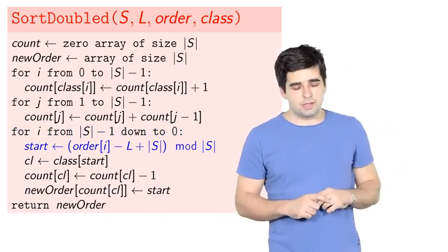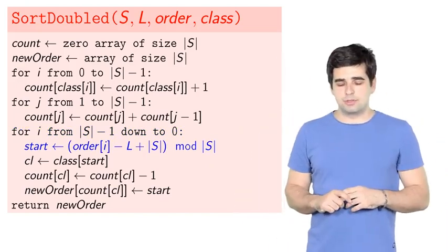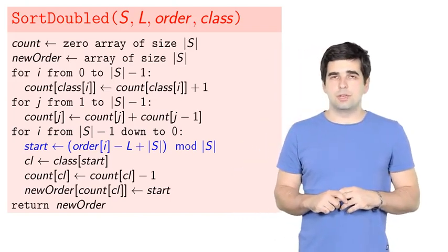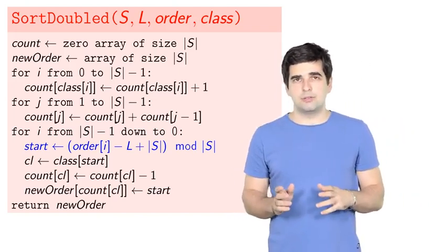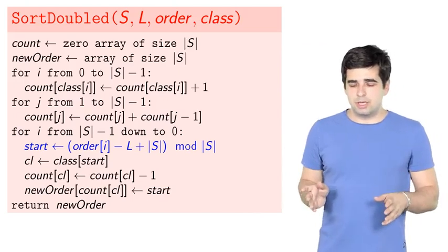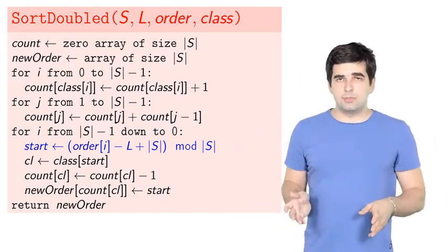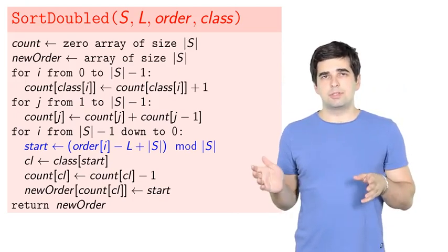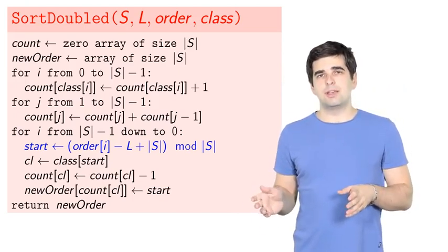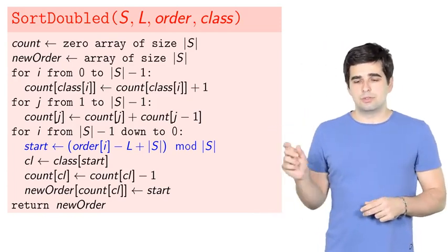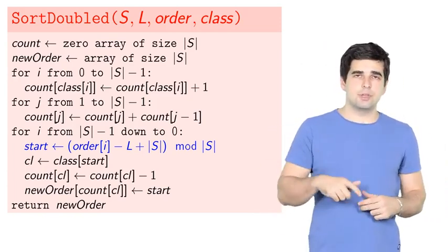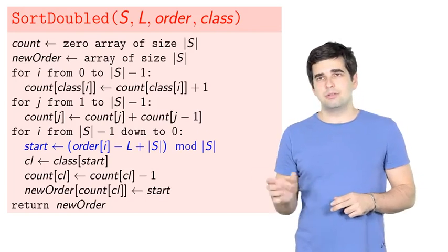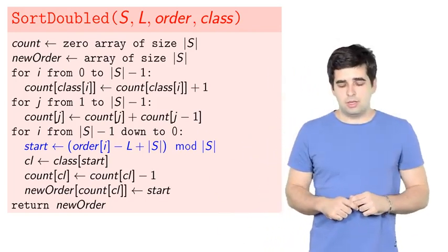So now we have to think about the following problem. We need to sort pairs of numbers, because each cyclic shift of length L corresponds to its number, its position in the order of all cyclic shifts of length L. We first need to sort by the second element of the pair, and then we stable sort by the first element of the pair.